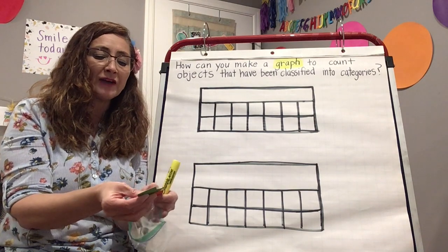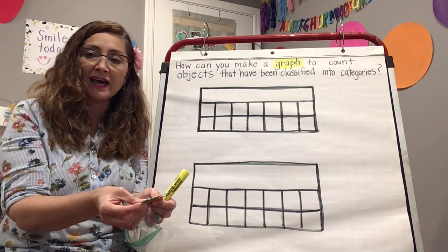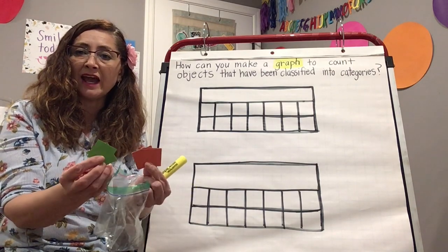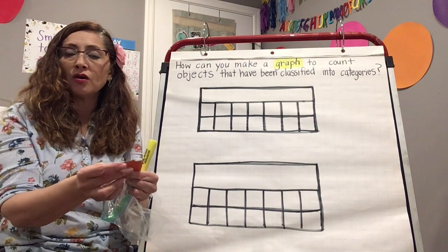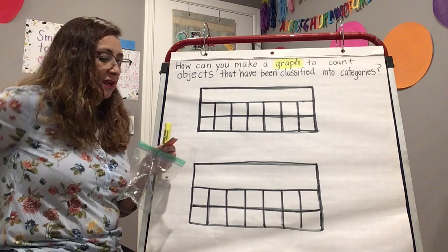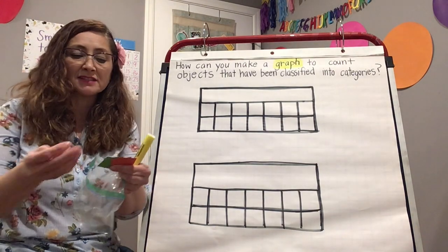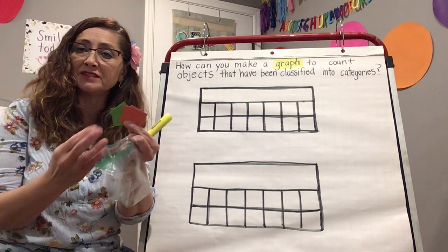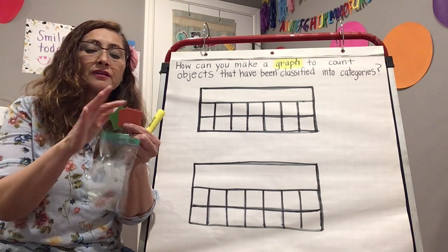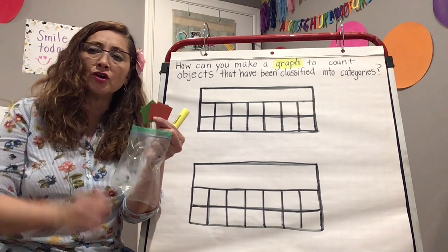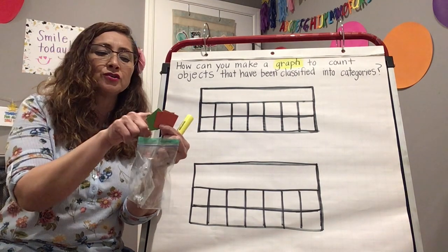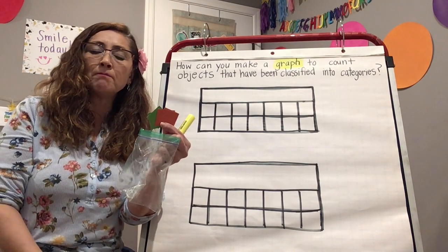If I take a look, I can see that I have some orange cubes and some green cubes. So I'm going to sort my cubes by color because they are all cubes, they are the same. I don't have triangles or squares. But I do notice that they are different colors.